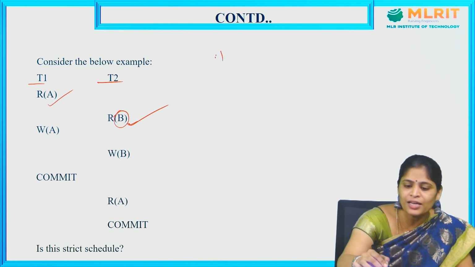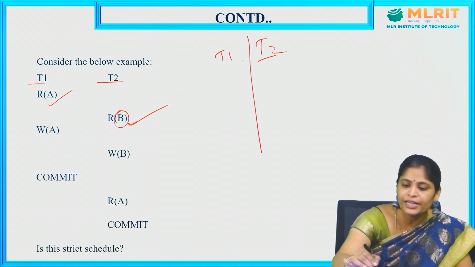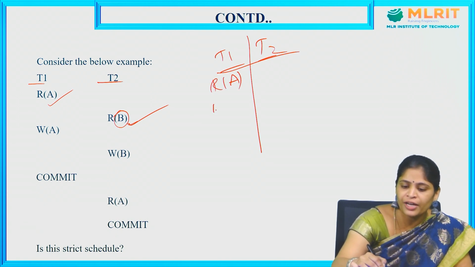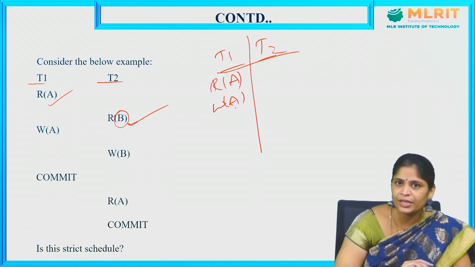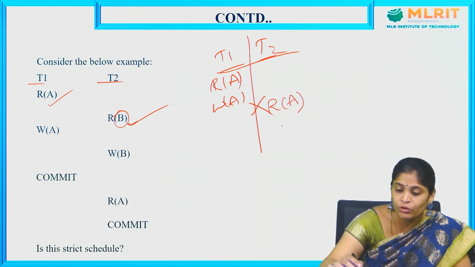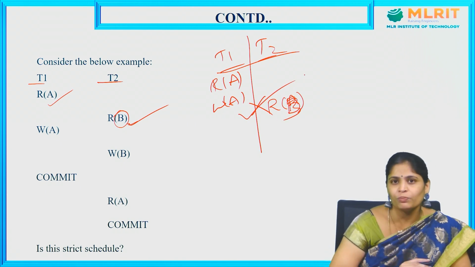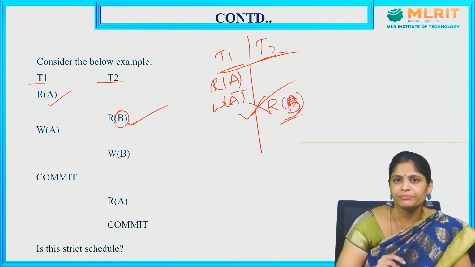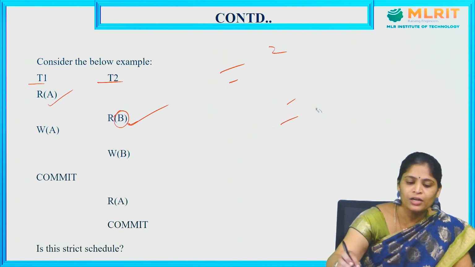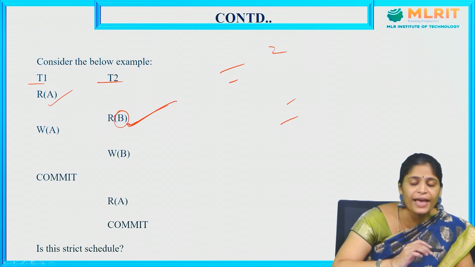See here what I told: if the data item is the same, then only it will restrict. So R of A, W of A, here I am doing read and write. But if T2 wants to read A before commit, it will not allow. But if T2 wants to read the data item B, it will definitely allow. Why? Because the data item is different. The same concept is applicable here.